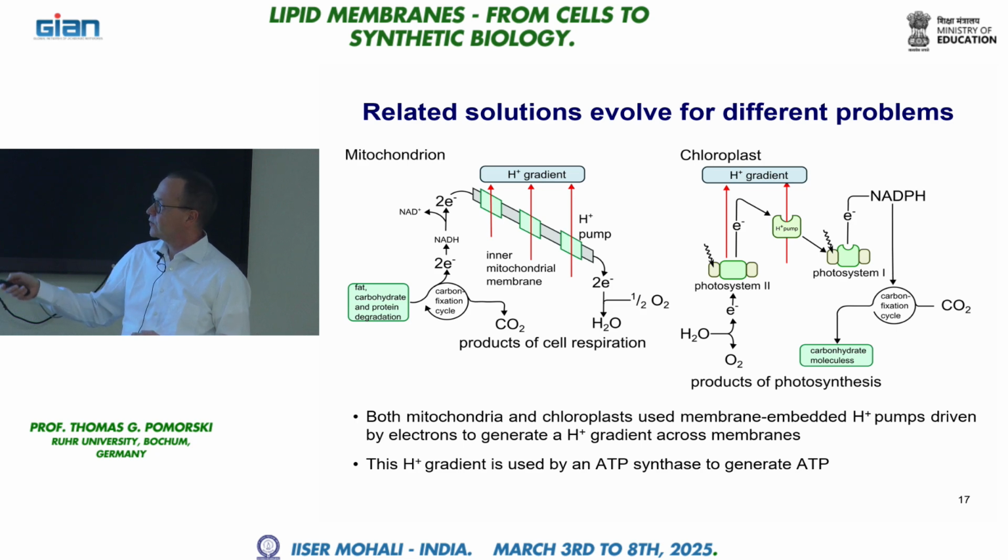In the case of the mitochondria, the electrons come from our nutrients that are broken down. And in the case of chloroplasts, the electrons come from the water that is split with the help of light. So those organisms can produce ATP just from light. Those organisms carrying mitochondria can produce ATP only from organic substance.